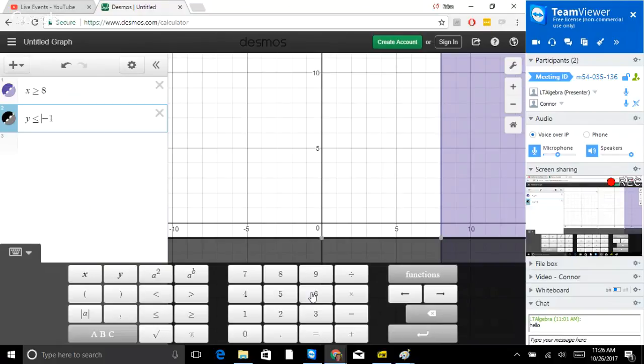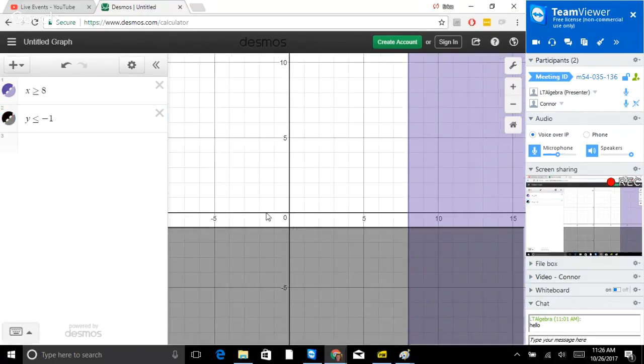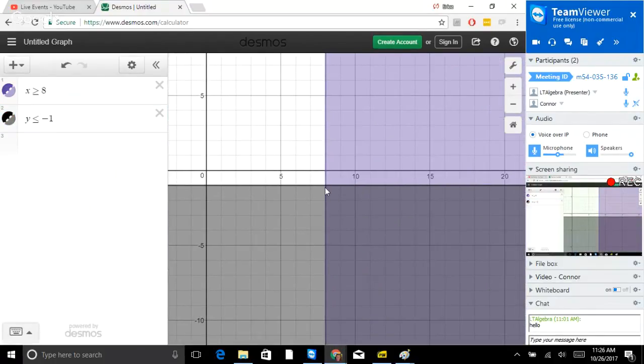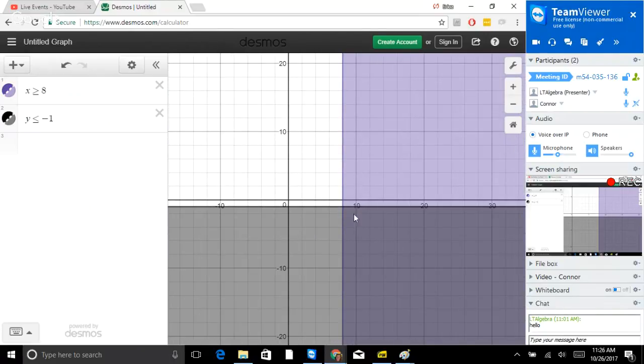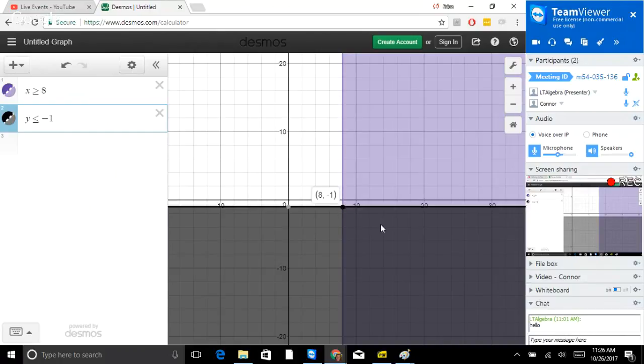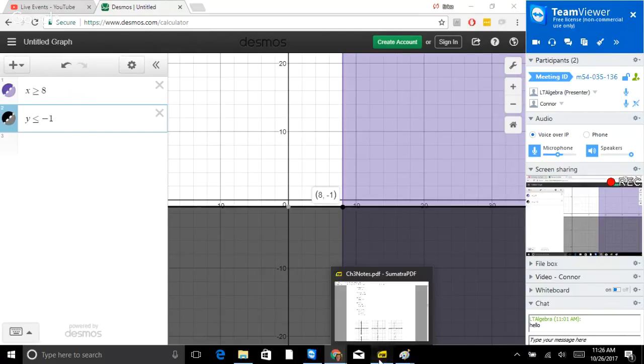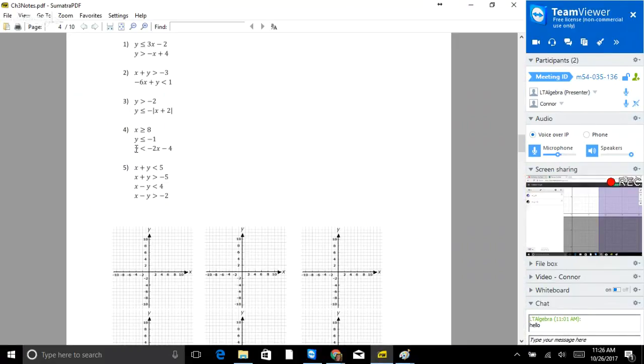All right. So already we've basically cut our graph out, and the only values that we can have are down here in this area. We've cut out all the rest of our graph. So basically anything that's kind of in this really dark area that starts at 8, -1, that's where we can have values. All right. And then we have a line that is y is less than -2x minus 4.